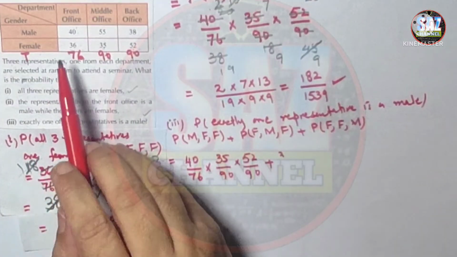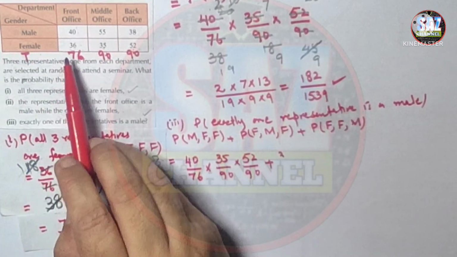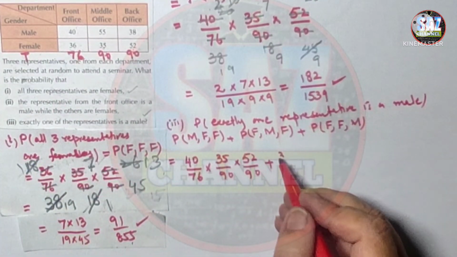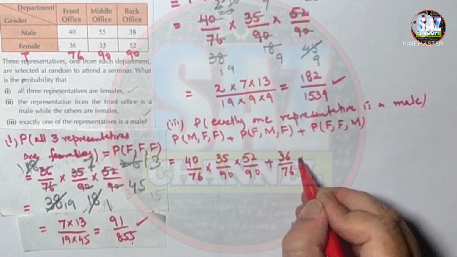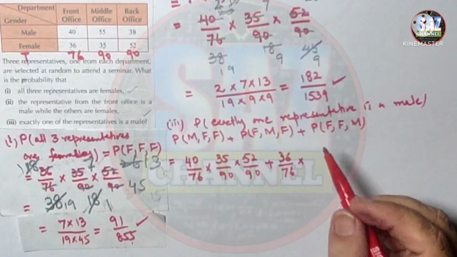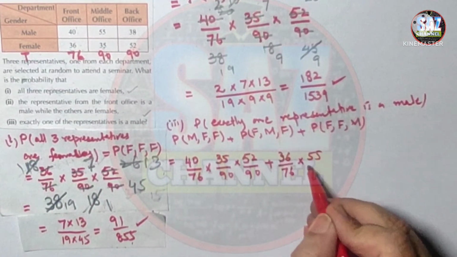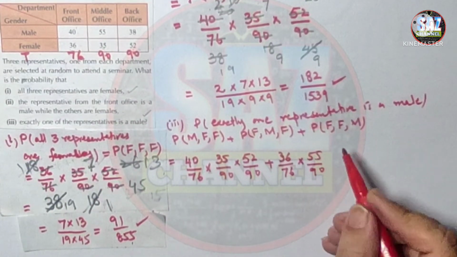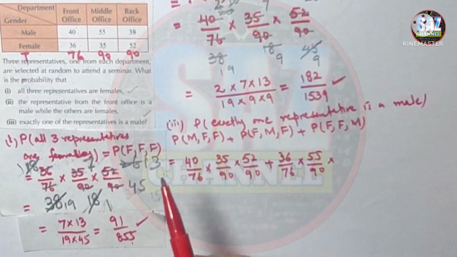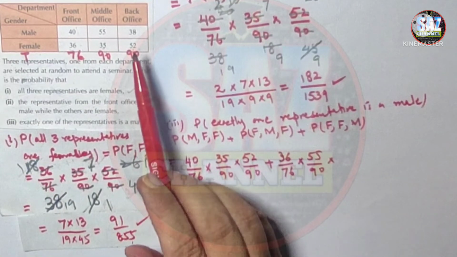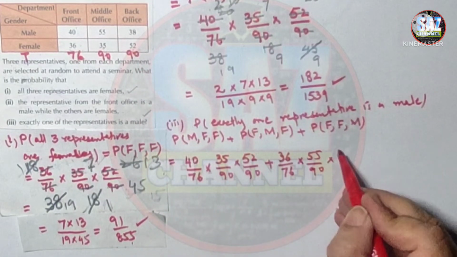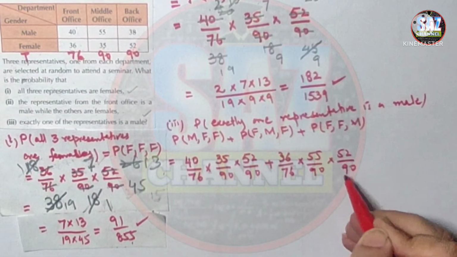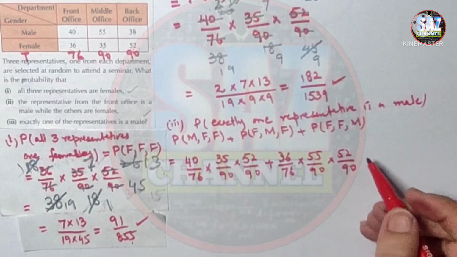Coming to female from the front office, the chances are 36 by 76. Then male from the middle office 55 by 90. Then female from the last office, that is 52 by 90. Okay, such a large calculation.